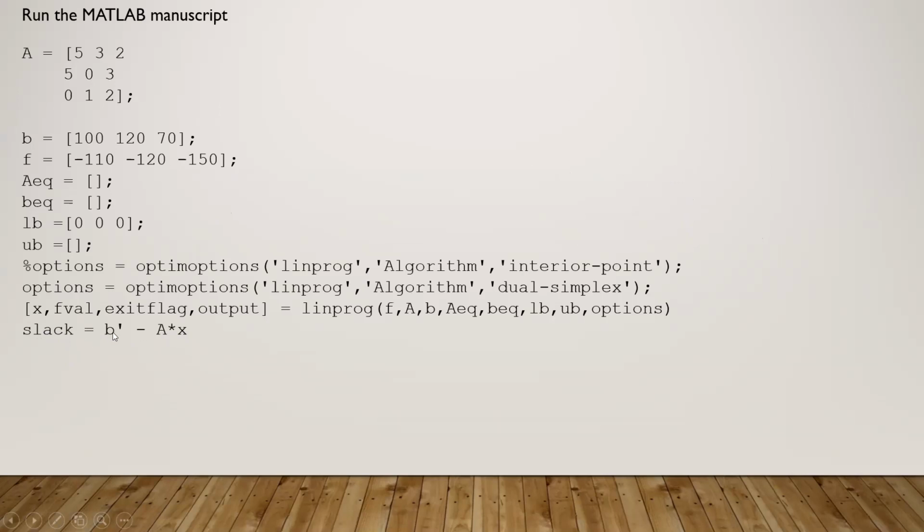It's a simple way: you have the right-hand side, which is stored in the B matrix, then you subtract your technological matrix multiplied by your x's. This will give you the slack variable.